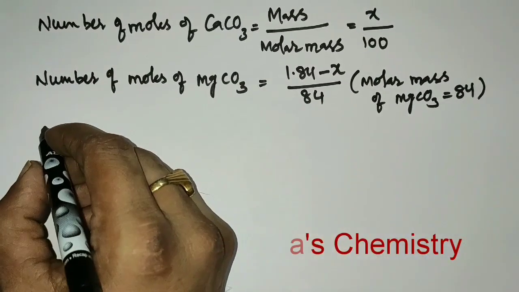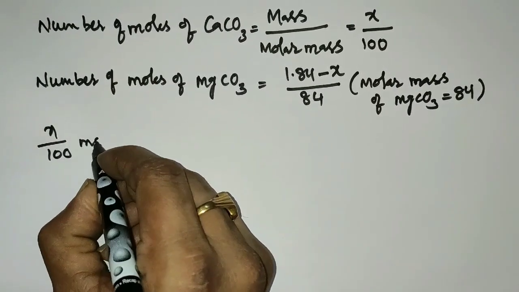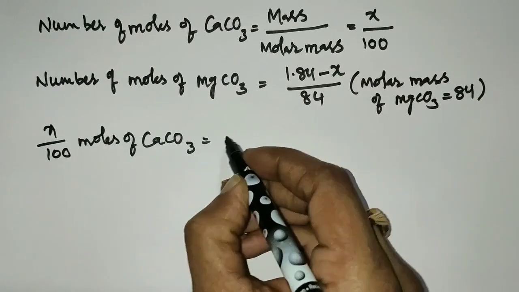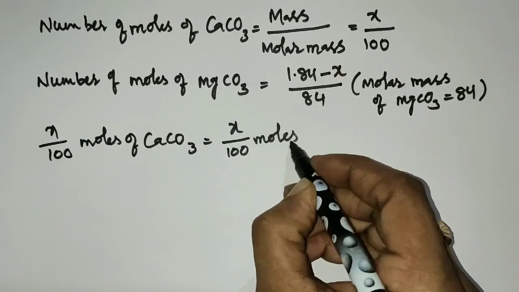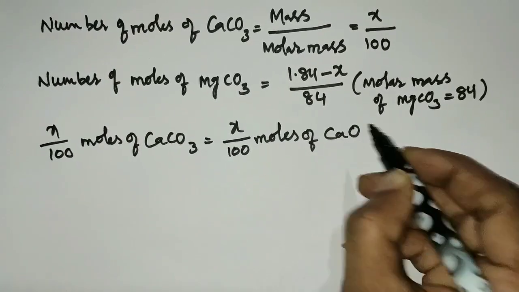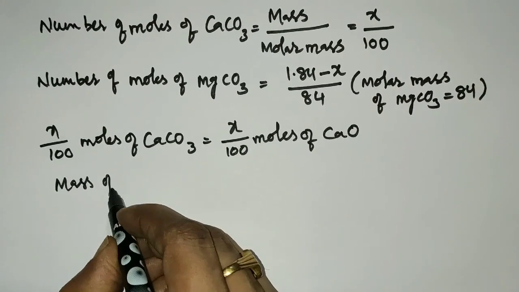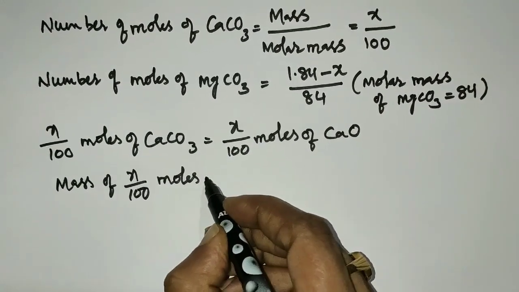As per the stoichiometric relation, x by 100 moles of CaCO3 is equivalent to x by 100 moles of CaO. Let us find out the mass of x by 100 moles of CaO.